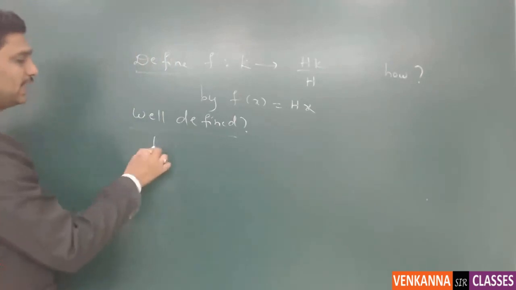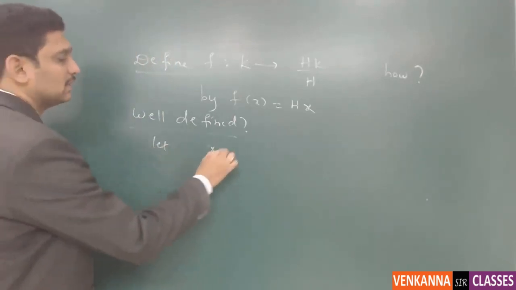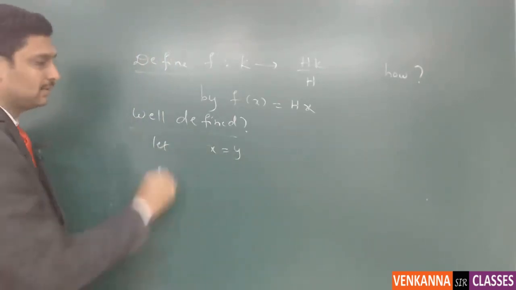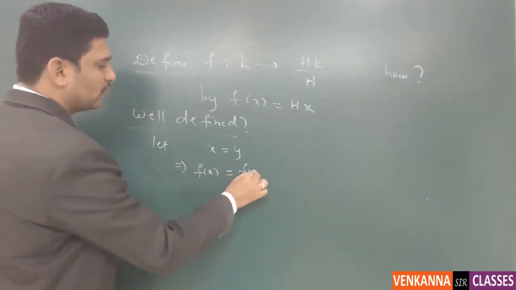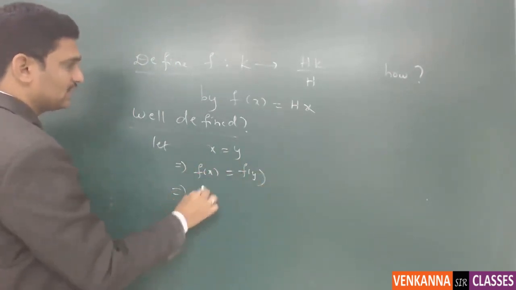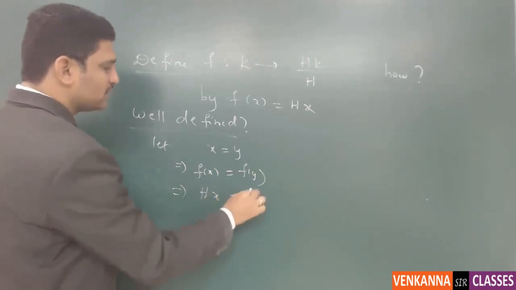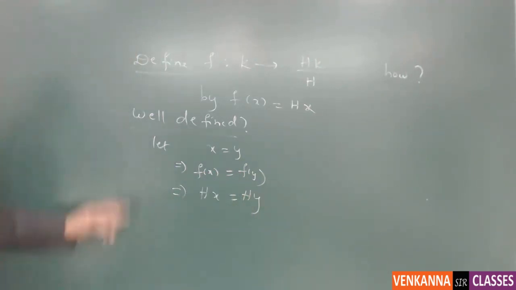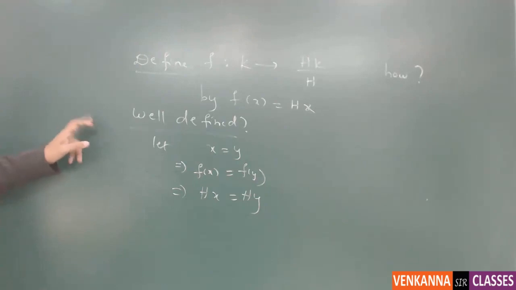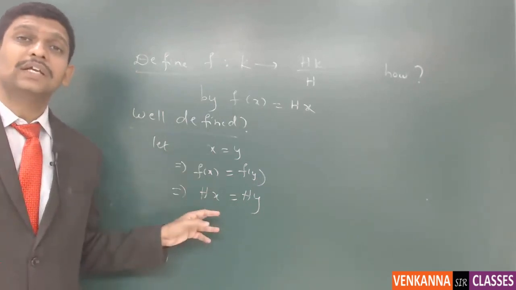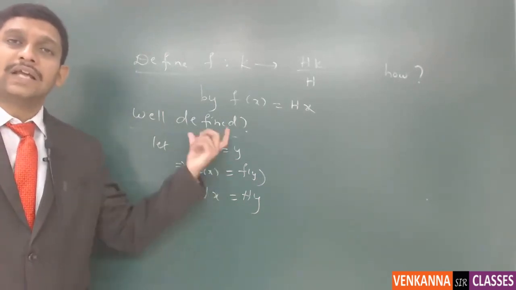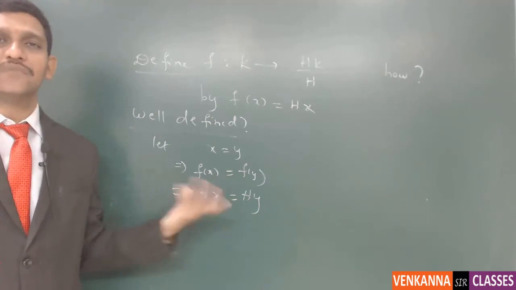So if you take x equal to y, then you have f of x equal to f of y, which gives hx equal to hy. So it is well defined. There is no need to check that separately.